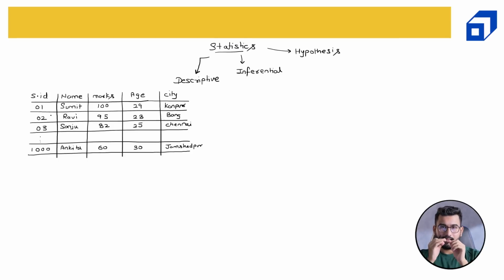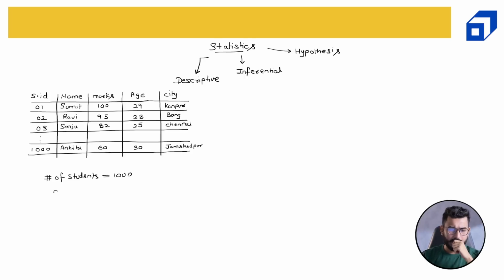So the metric that we can use to consolidate or better describe the complete class is what descriptive statistics is. For example, I can say that this particular class has a number of students as, let's say, 1,000. Now this is a statistic which is describing the class, and hence a descriptive statistic.